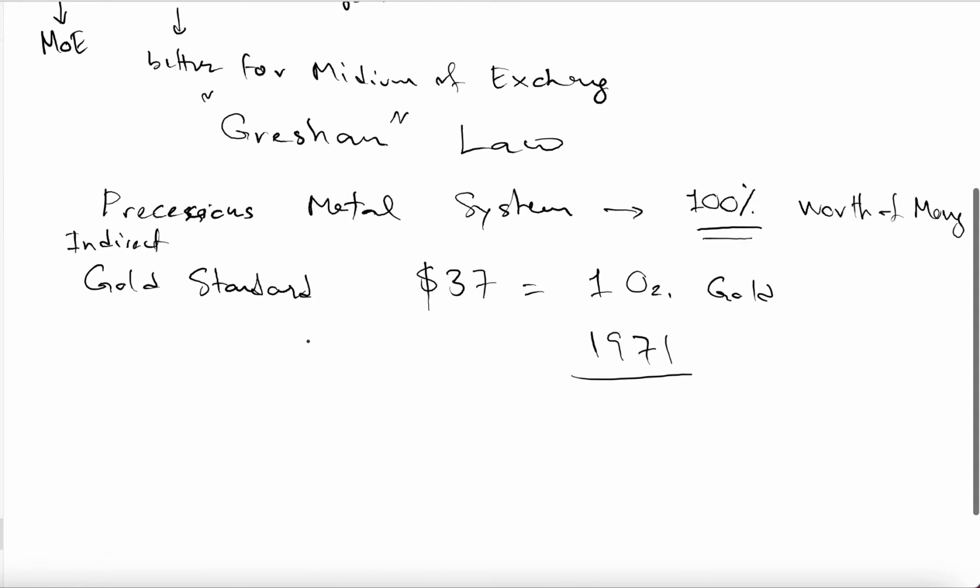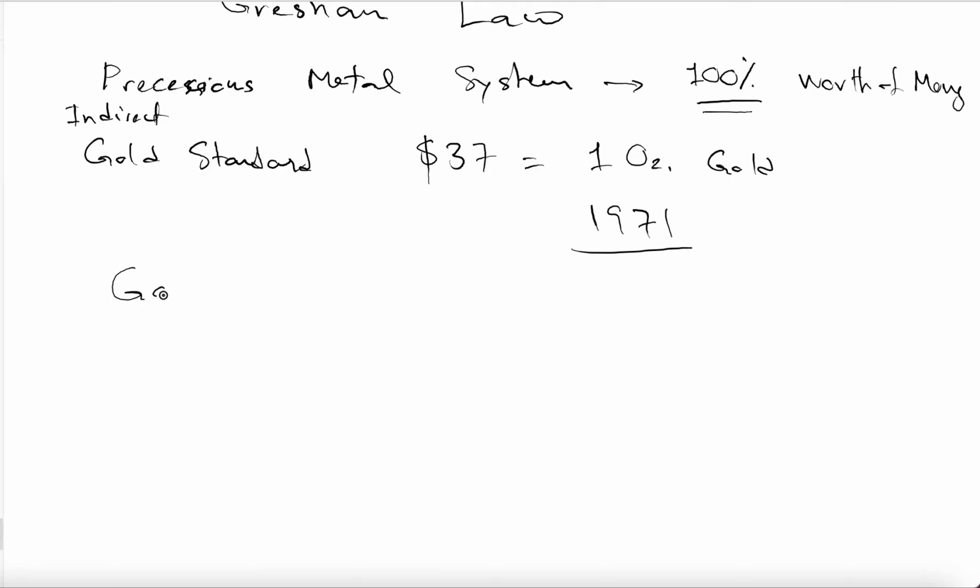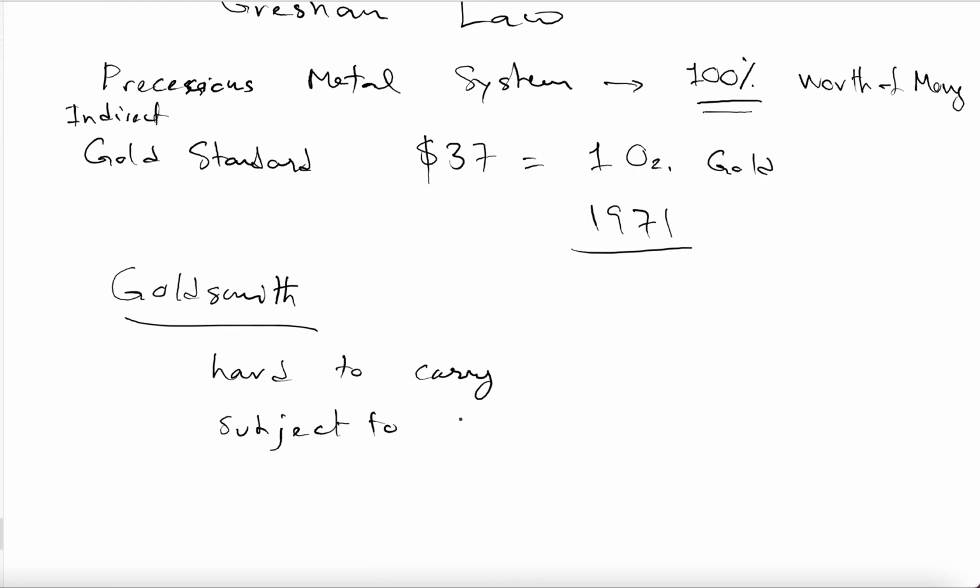In this system, goldsmiths became famous, because gold is hard to carry and subject to theft also, so there is a risk in holding gold.